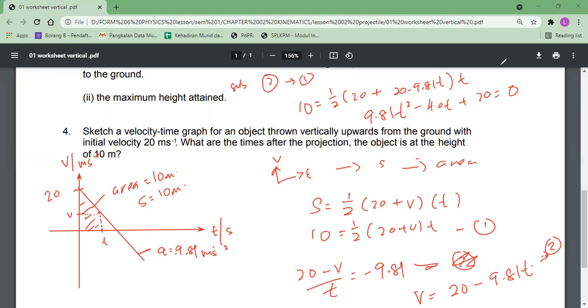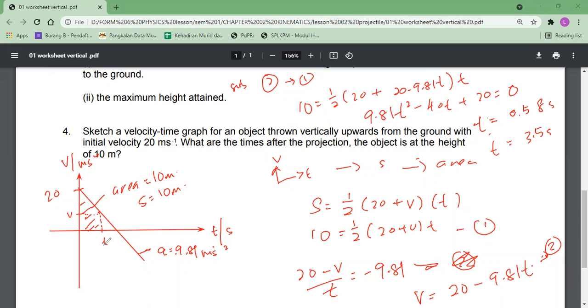Solving the quadratic equation, t is equal to 0.5 seconds and t equal to 3.5 seconds.